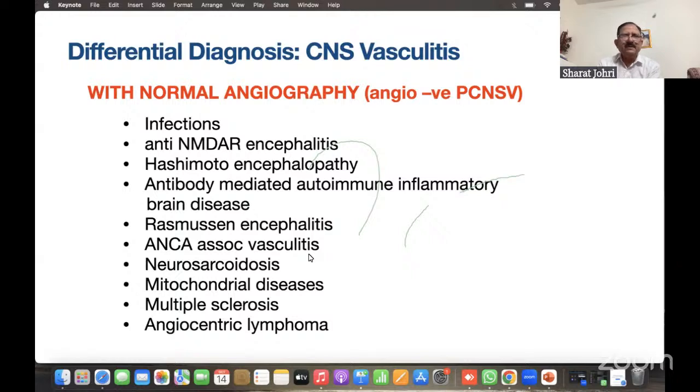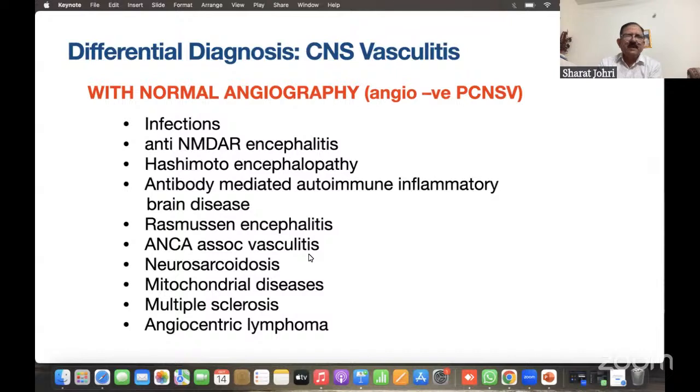So if it is negative, we have to differentiate from other infections and from NMDAR encephalitis, Hashimoto's encephalopathy, antibody-mediated autoimmune inflammatory brain disease, Rasmussen's encephalitis, ANCA-associated vasculitis, neurosarcoidosis, mitochondrial disease, multiple sclerosis, angiocentric lymphoma, because angio is positive only in about 60-70% of cases.